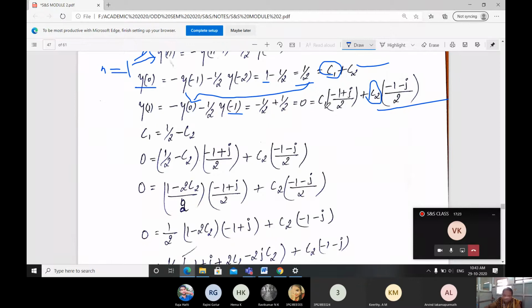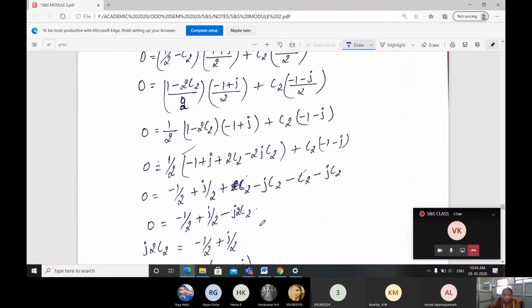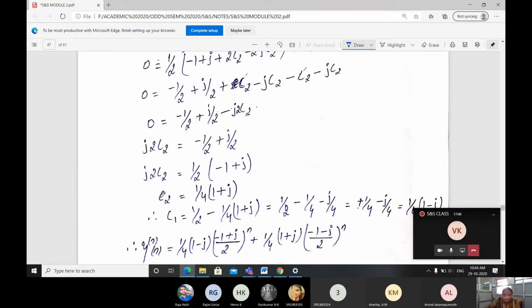I replaced C1 as 1 by 2 minus C2, times (minus 1 plus j) divided by 2, plus C2 times (minus 1 minus j) divided by 2. Solve this with normal maths, just use those. After solving you will be getting C2 is equal to 1 by 4 (1 plus j).